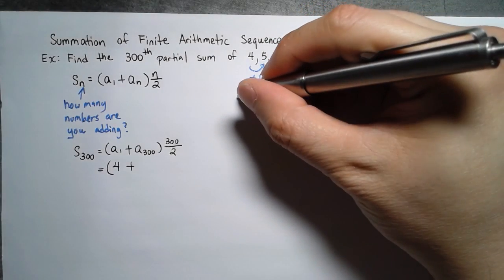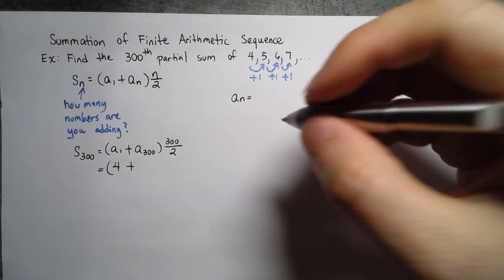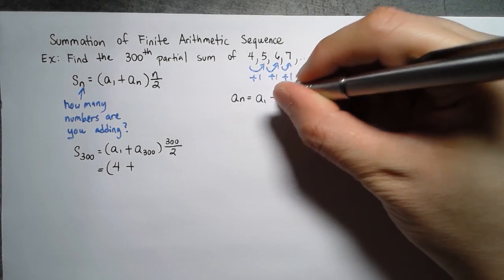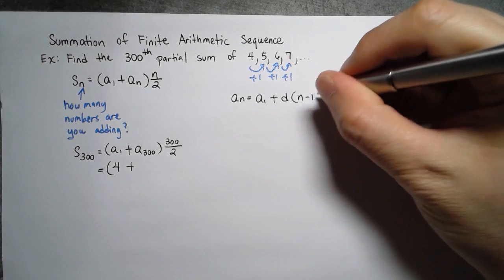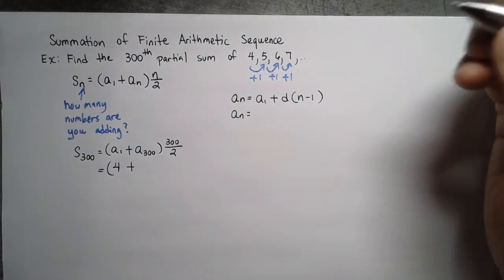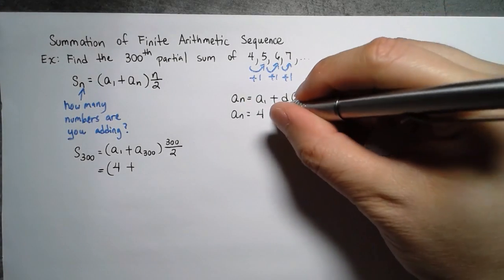And at this point, you should have learned how to write an equation for an arithmetic sequence, which is a sub n equals a sub 1 plus the common difference times n minus 1. The first number of this pattern is 4. The common difference is positive 1.